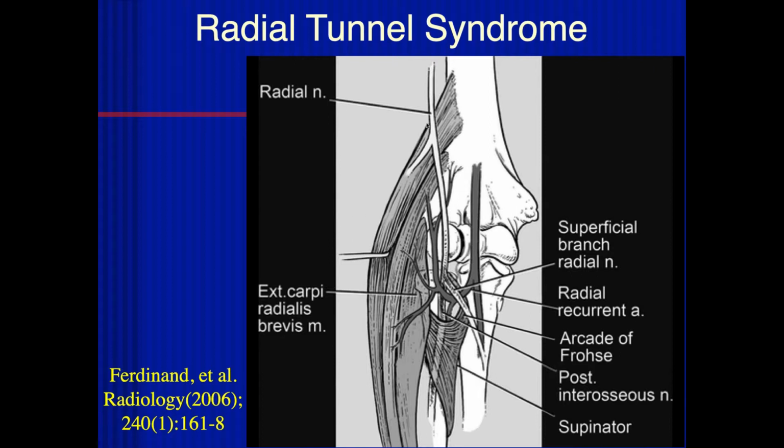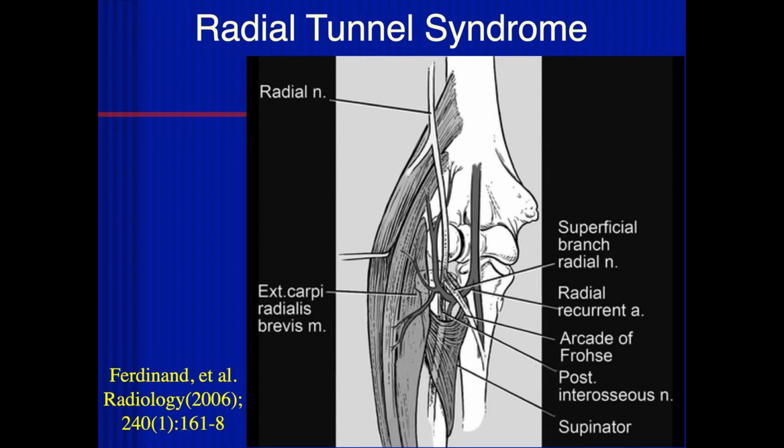Yeah. And then this is probably a better view, John. Yeah, I agree. Now I can see it. So here's the radial nerve coming down through here. It divides into the posterior branch, the posterior interosseous nerve, and then the anterior branch right there.